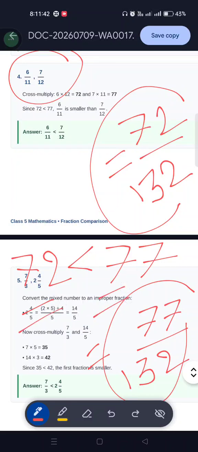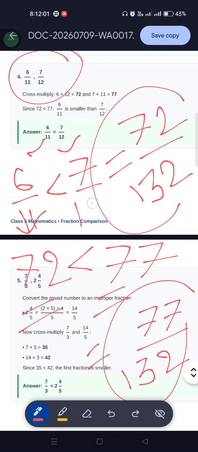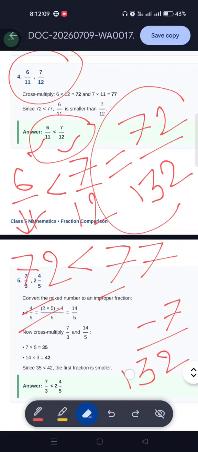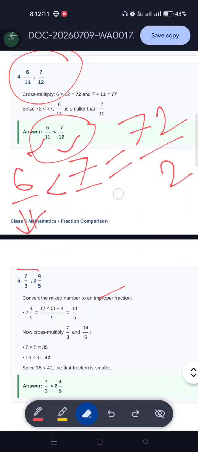So we can say that, and you are getting 72 from the first fraction and 77 from the second fraction. So the first fraction, which is 6 upon 11, will be less than the second fraction, which is 7 upon 12. Okay, so you will put here the sign of less than, because you are comparing two fractions. Now erase this one.